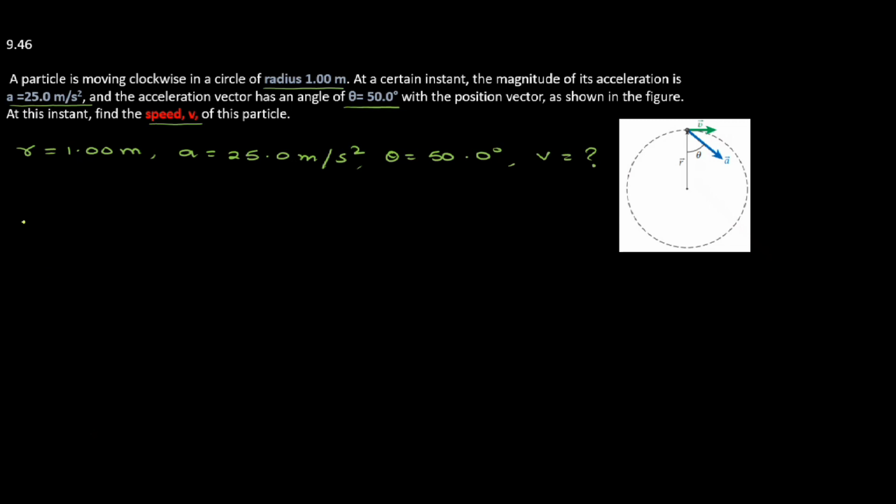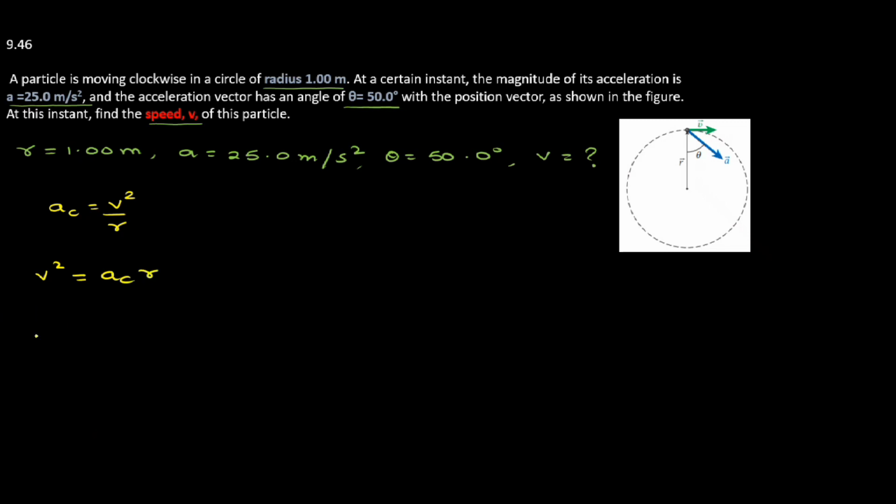Now the speed of the particle is related to the centripetal acceleration as ac equals v squared over r, where ac is the centripetal acceleration, v is the linear speed of the particle, and r is the radius of the circle. To find v, I can rearrange by multiplying with r on both sides and write v squared equals ac times r.